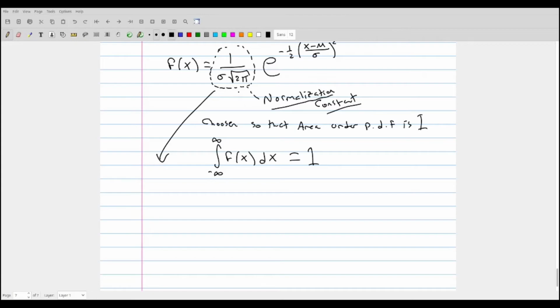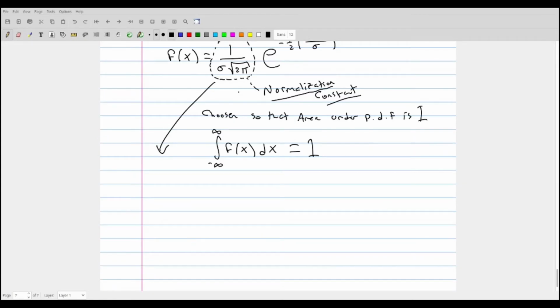The reason this has to be true is that it is mathematically equivalent to saying that all probabilities sum to 1. The sum of every single outcome, every single possibility, has to be equal to 1.